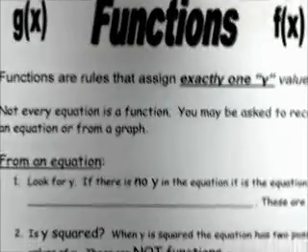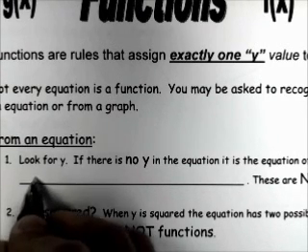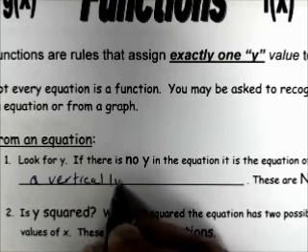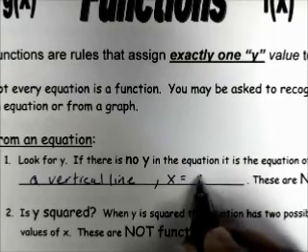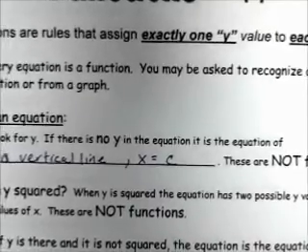From an equation, look for y. If there is no y in the equation, it is the equation of a vertical line, meaning it's an x equals something, x equals some constant, c. These are not functions.